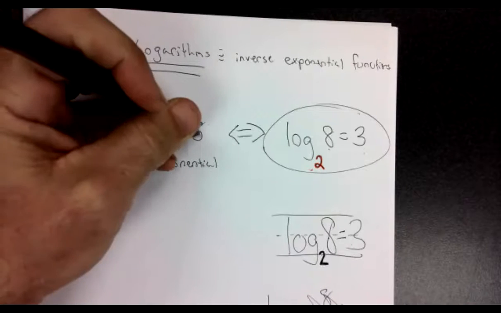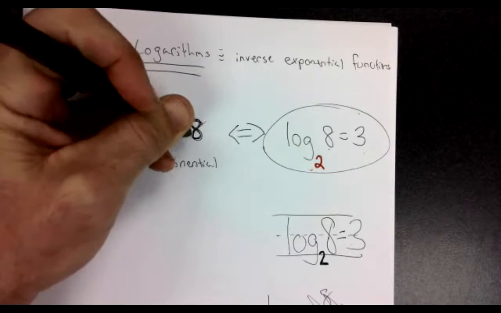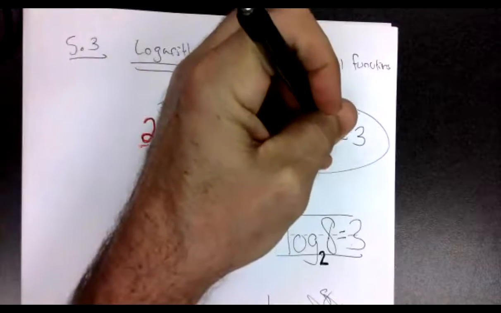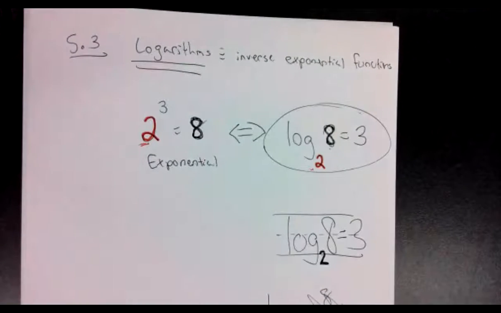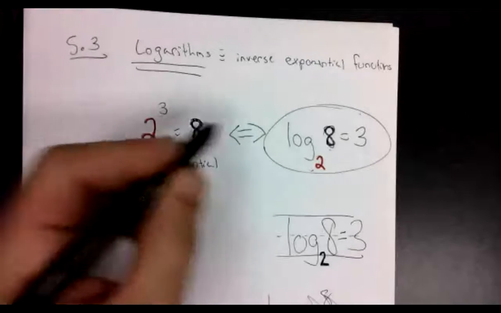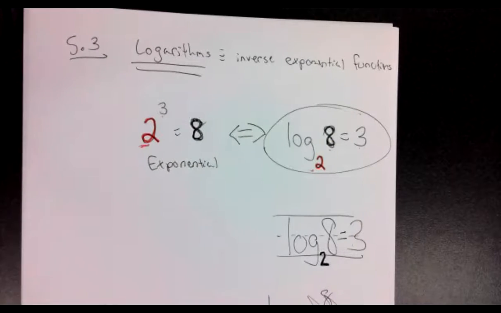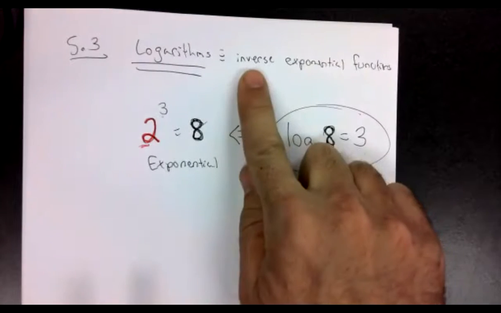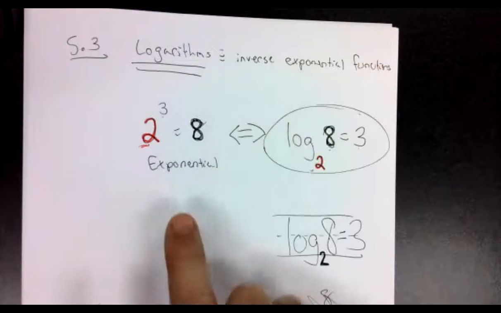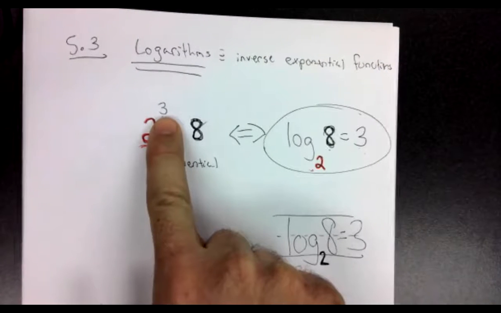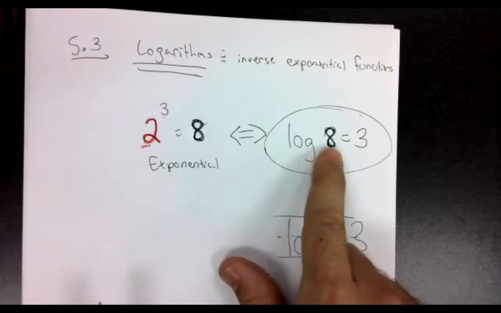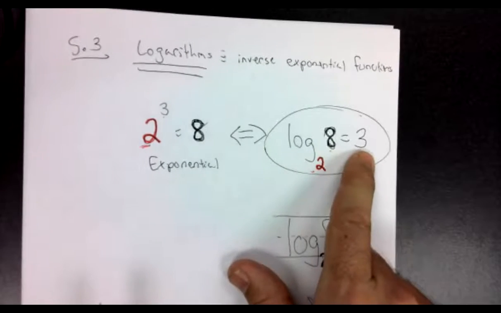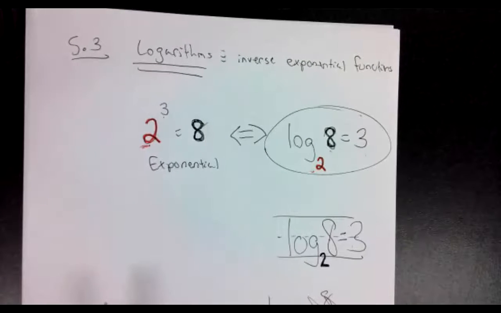The answer to your exponential function is now what you're taking the log of. And then your exponent is essentially what the log is equaling. Again, remember your inverse function swapped inputs and outputs. For this one, your input was 3 and your output was 8. For the log, your input is 8, so now your output is 3. That's that inverse. It flip-flops your input and your output.